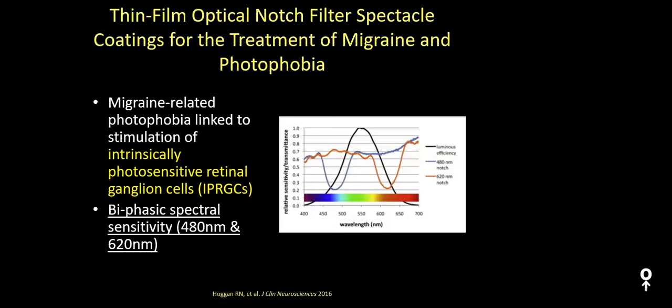So what I'm showing you here is a slide with a very elaborate graph that essentially looks at the visible spectrum of light. But before we get into that, I want to mention that within the retina, first of all, the retina is the lining of nerve tissue that covers the back of the eye.